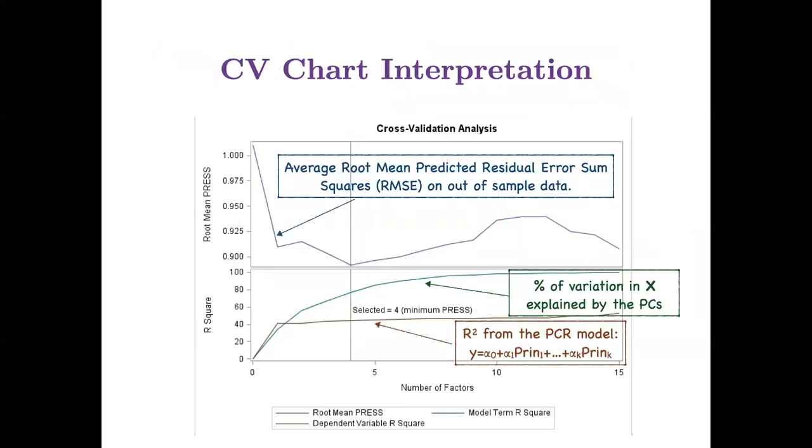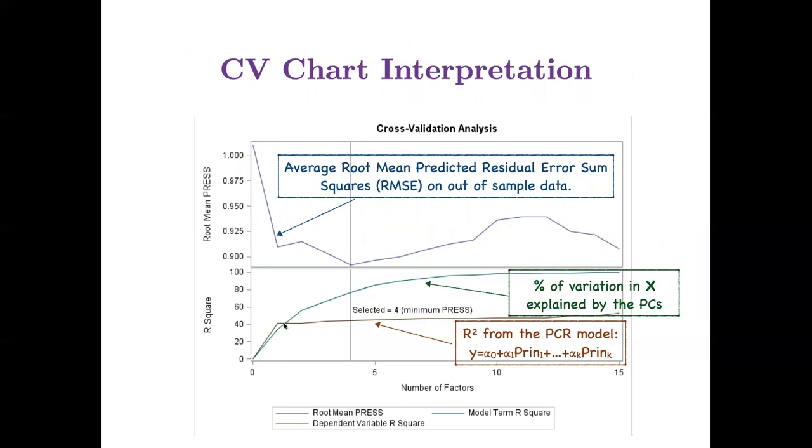That top line is showing us the average root mean predicted residual error sums of squares. SAS is the only place I've ever seen this acronym PRESS for predicted residual error sums of squares. It's just RMSE on that out-of-sample data, so the average across the folds.